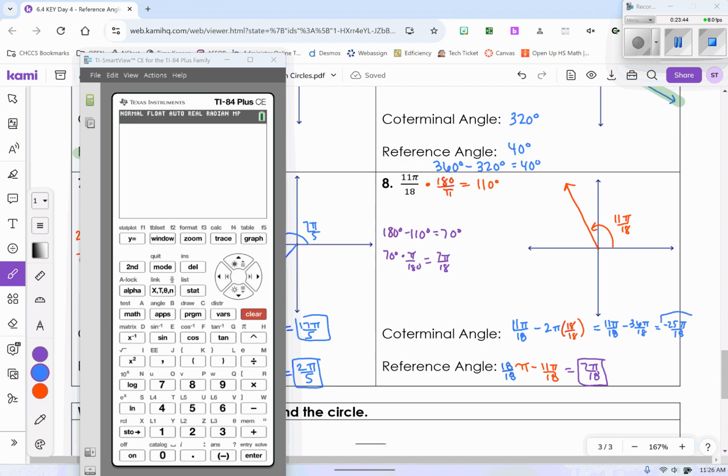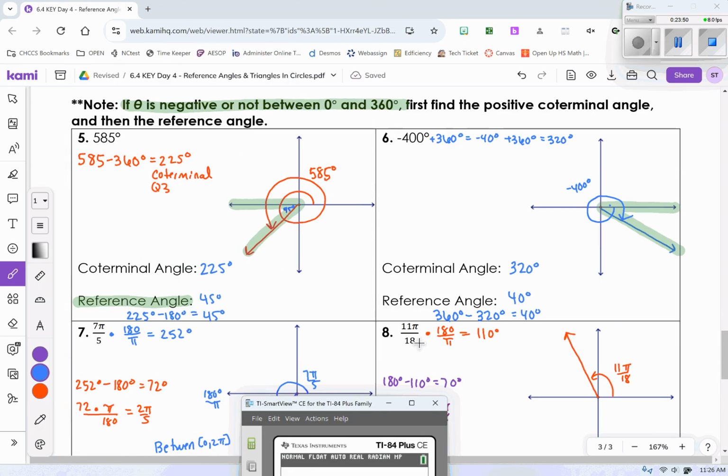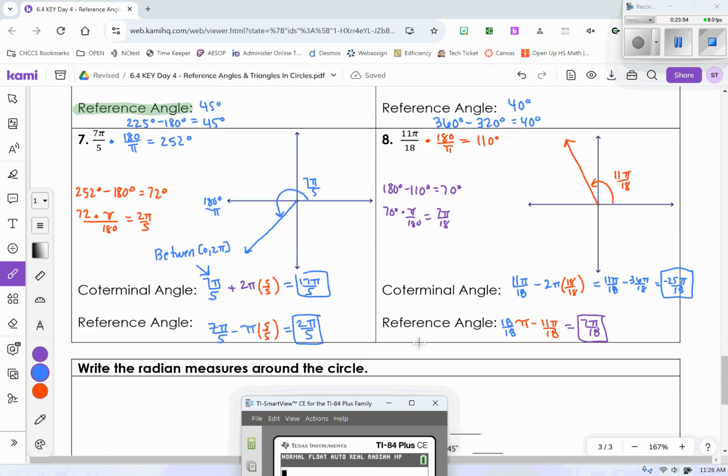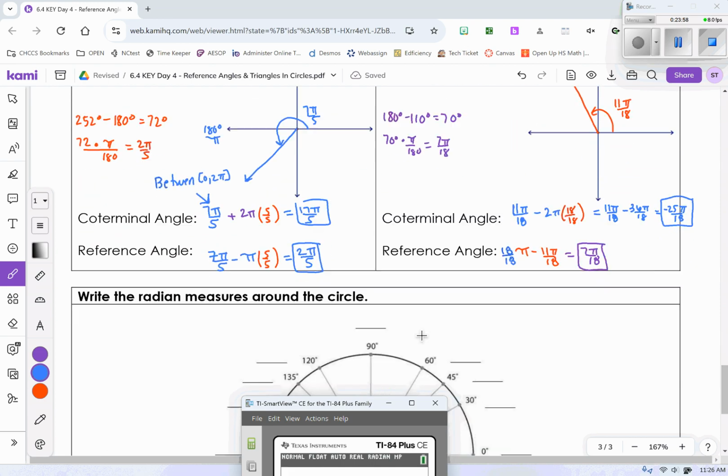So that's a coterminal angle, or it could have added instead of subtracting. But in this case, we already had the given angle between 0 and 360, so I just found a different one. So this one I found a negative and positive one.